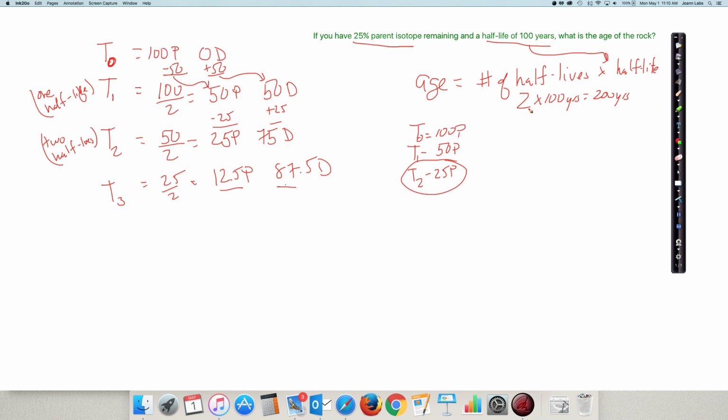Obviously, we don't usually deal with hundreds of years, we're dealing with millions and billions of years. But this was just a simple way to show you how this works. So it's based on the information. They can say percent. If they say percent, you just start with 100% and you divide. And so usually they're going to give you a nice round number to do this. You will have to know this formula for the test and for the lab.